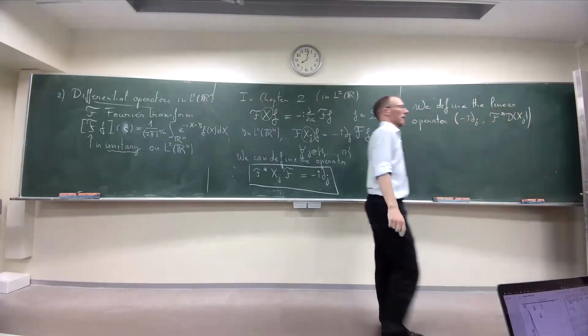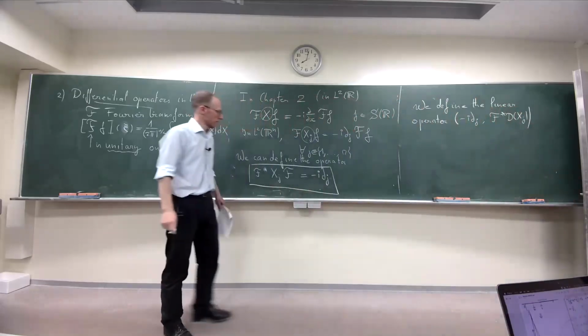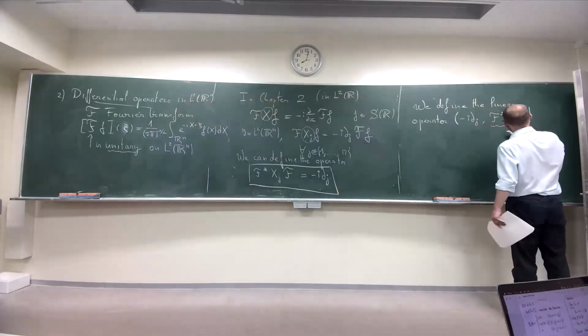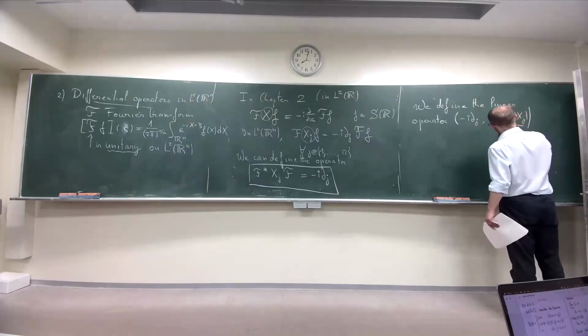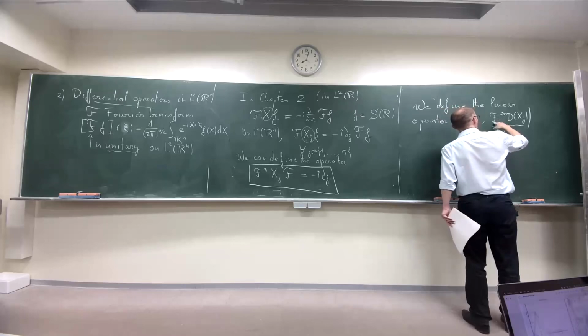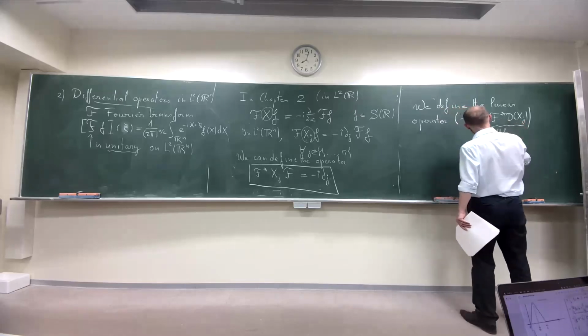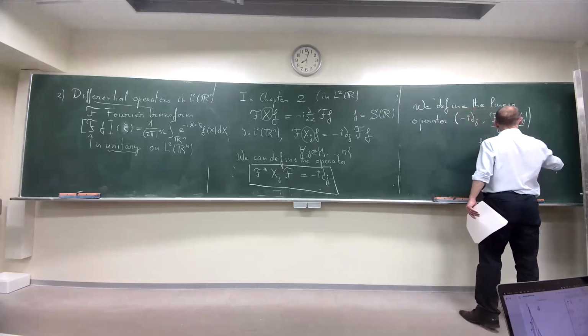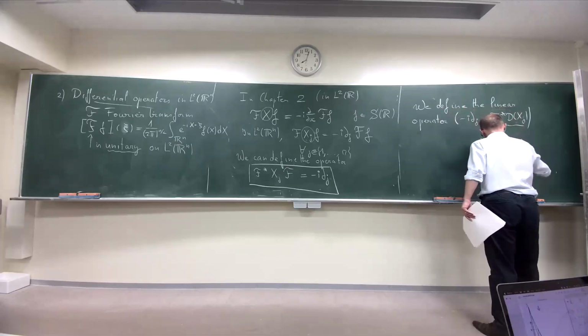It looks complicated, but take an f here. What does it mean? It means that f is equal to F star of g for g in the domain of xj.